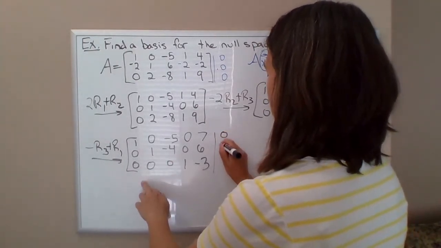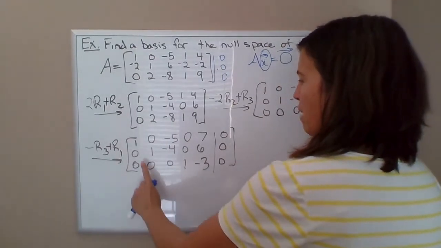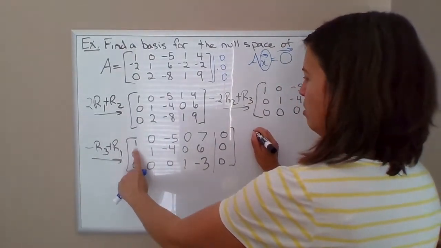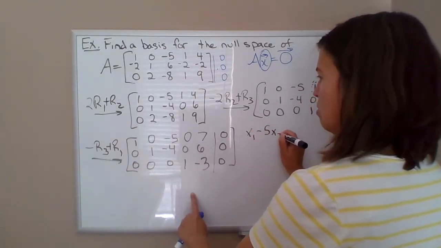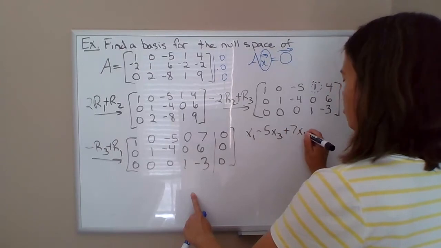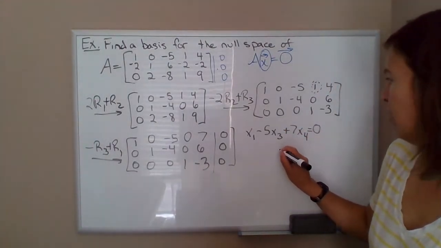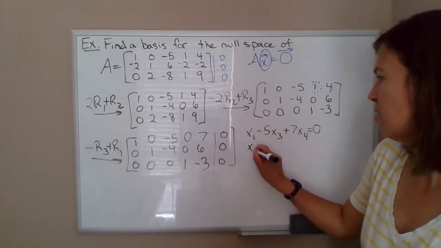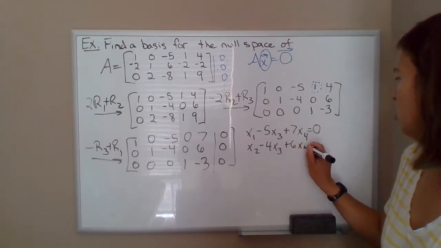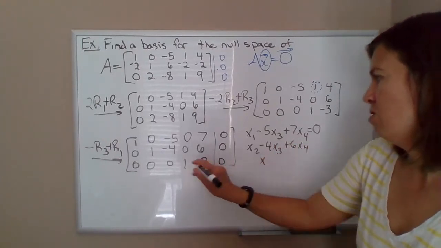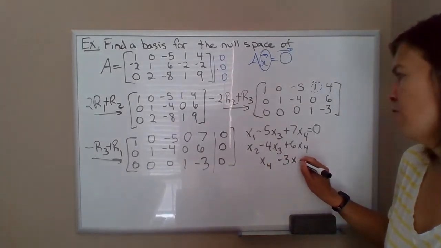So now I'm going to bring in that column of zeros that would have been there all along. So that means our solution set looks like this. We've got x1 minus 5x3 plus 7x5 equals 0, and then x2 minus 4x3 plus 6x5, and x4 minus 3x5.